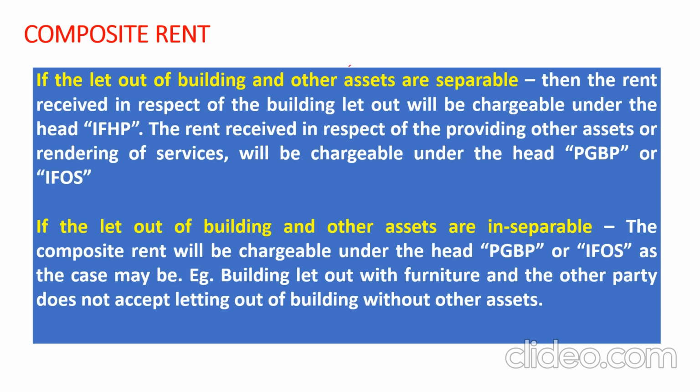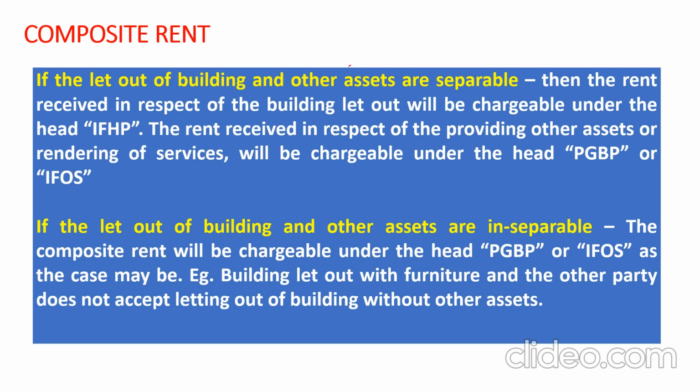Composite rent. If the let out of the building and other assets are separable, then the rent received in respect of the building which is let out will be chargeable under the head income from house property, in short IFHP.